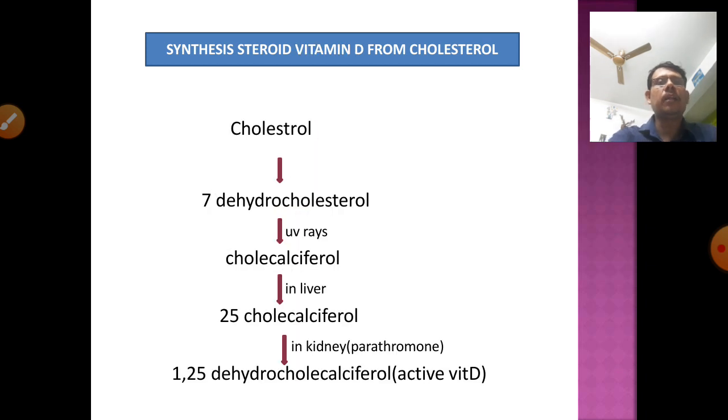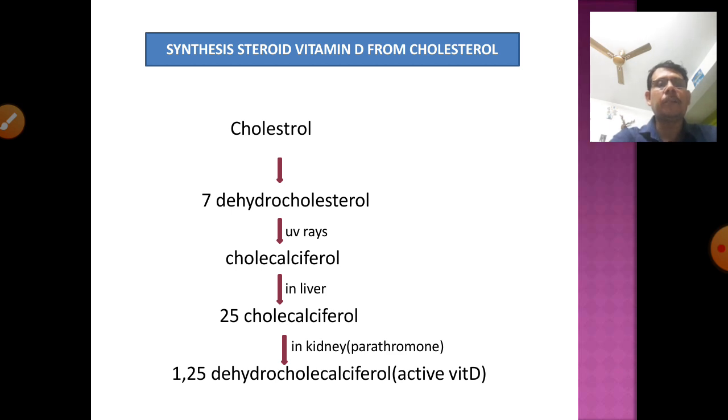Now the synthesis of vitamin D, which is essential for the development of bone. Cholesterol is the main precursor for the synthesis of vitamin D, for prevention of osteoporosis, rickets, and many other disorders. Cholesterol is converted into 7-dehydrocholesterol, and in the presence of UV light in the skin, cholecalciferol or vitamin D3 is formed.